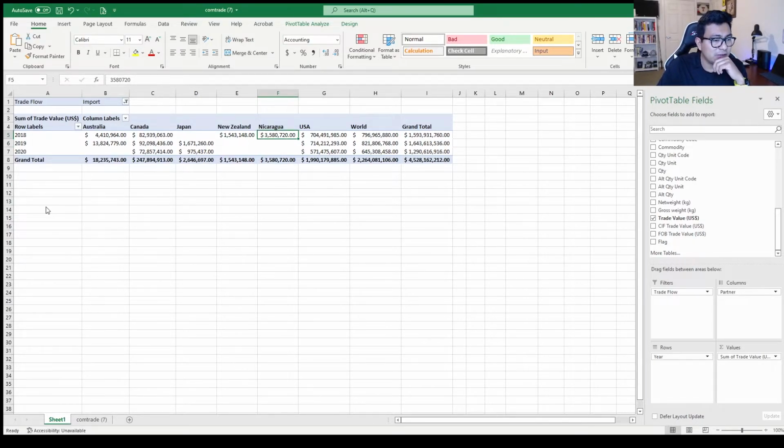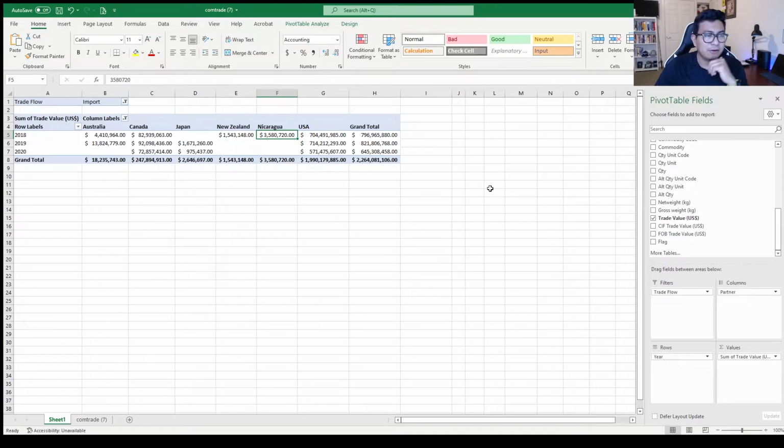Let's take out the word. All right. So as we can see here very quickly, we see how important the Mexican market is for US beef. In 2018, 2019, and 2020, it's more than 700 million.